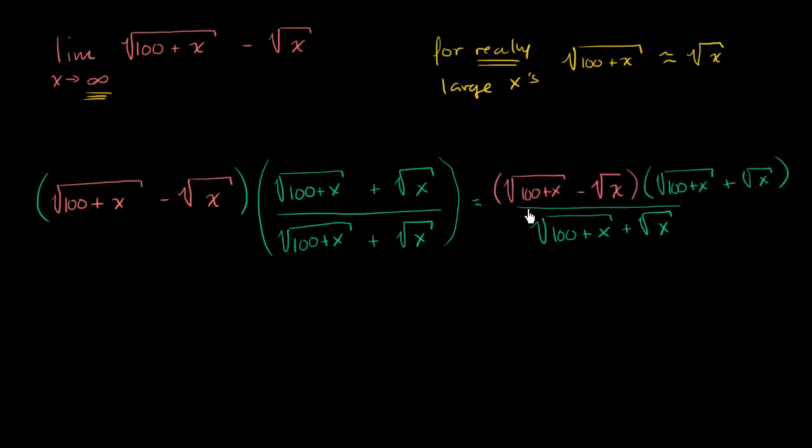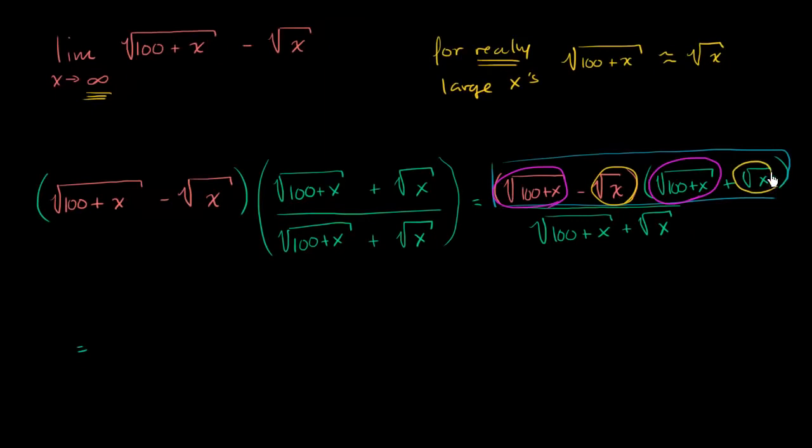Now right over here, we're essentially multiplying a plus b times a minus b, which will produce a difference of squares. So this top part is going to be equal to this thing squared minus that thing squared.